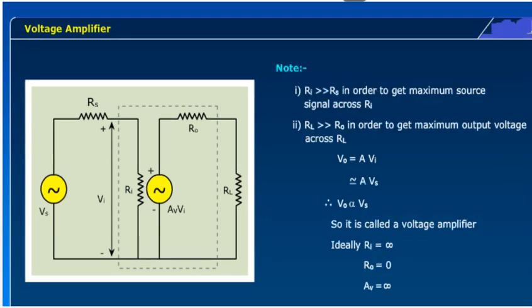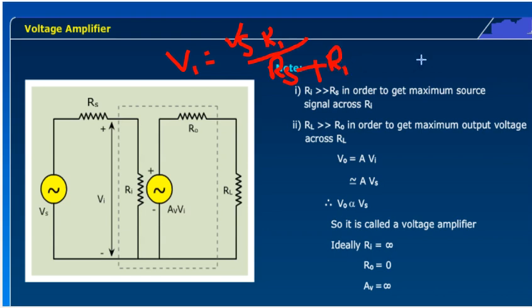Now we see how these conditions are satisfied: Ri is greater than Rs and RL is greater than R0. Let us consider Ri large compared with the source resistance. The voltage across your Ri is Vi. From the voltage division rule, we can write Vi equal to the total source which we are applying, Vs, times Ri by the total resistance, that is Rs plus Ri.